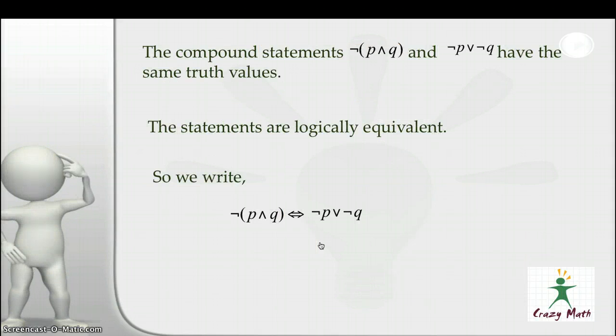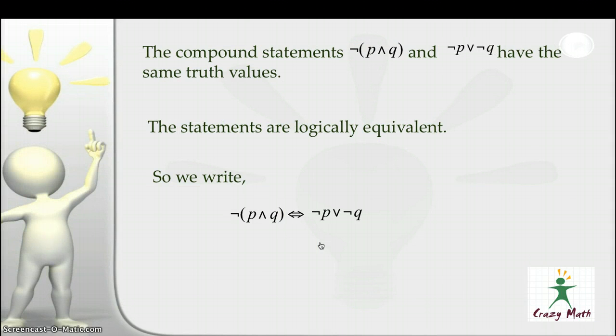So the compound statements, the negation of P and Q, and the negation of P or negation of Q, have the same truth values. Therefore, they are logically equivalent, and you can say that the negation of P and Q if and only if the negation of P or negation of Q.